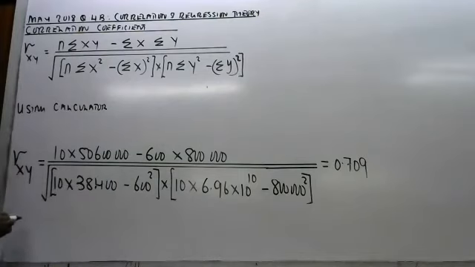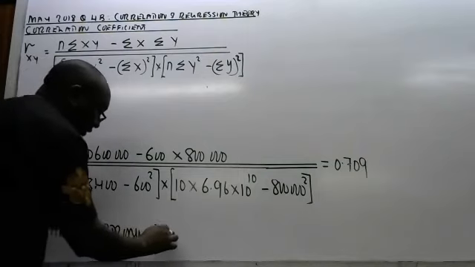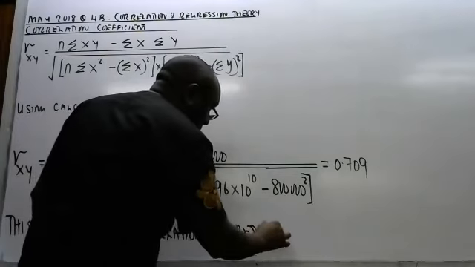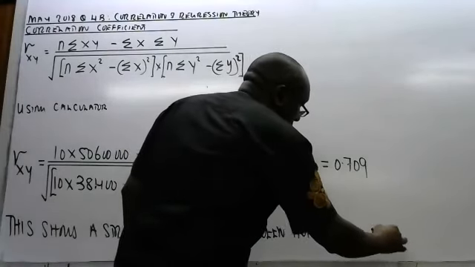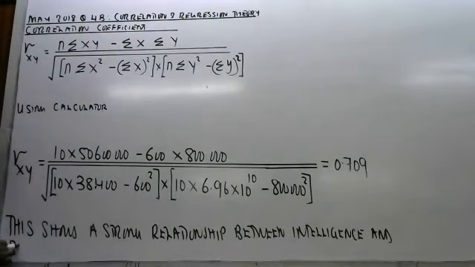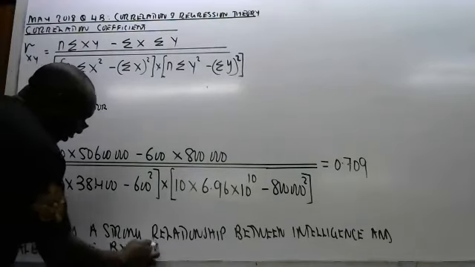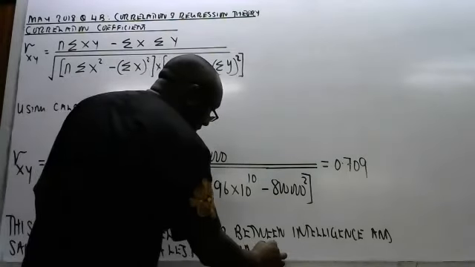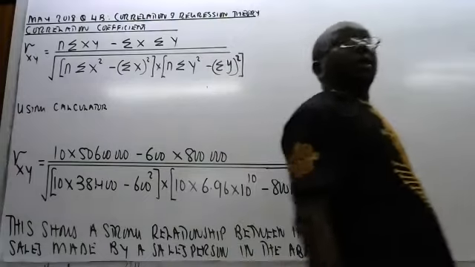So when you are told to interpret, this shows a strong relationship between intelligence and sales made by a salesperson in the above case.